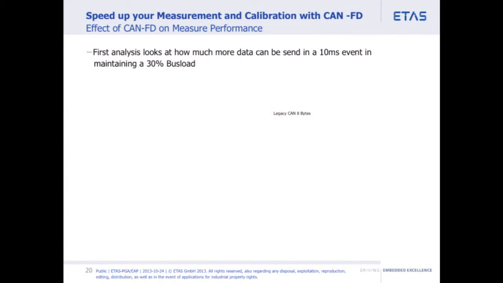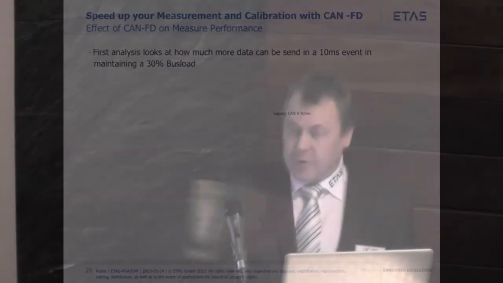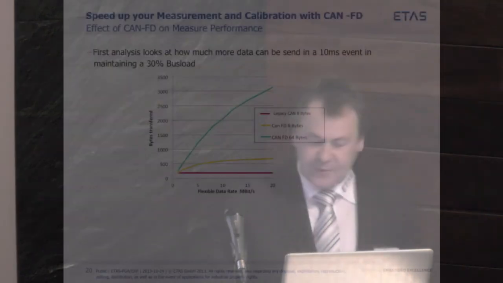The first one I wanted to do is one of the typical limits we have: the user, or the ECU manufacturer, says the XCP can only take up a certain bandwidth on our bus. For example, typically 30%. So what happens if we want to maintain that 30% bus limit while changing to CAN-FD? And now it makes sense.